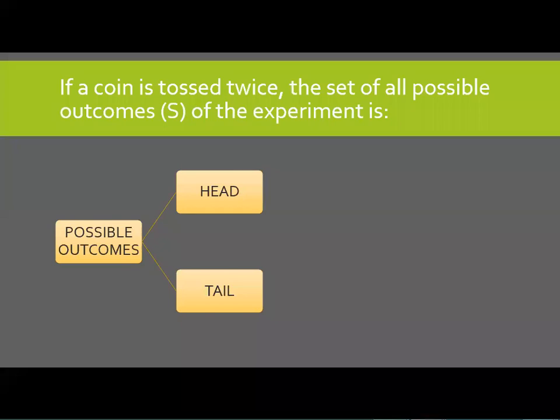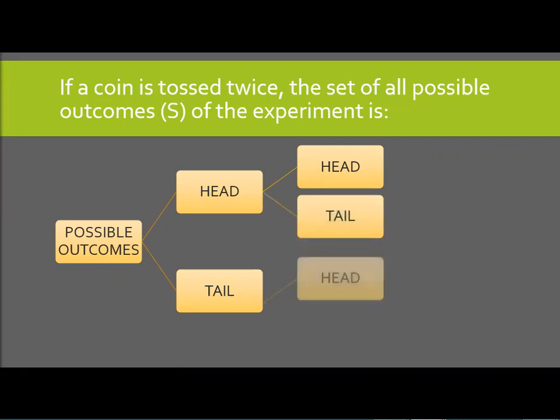This is the first set of your experiment, the head and the tail. For the second coin, you also have head and tail. So you have head and then tail, head and then tail. This is now the possible outcomes of the experiment of tossing a coin twice.